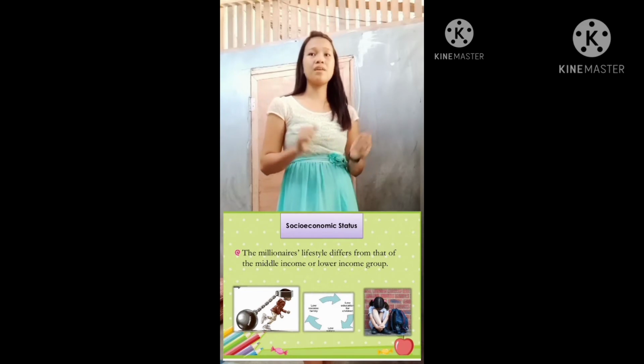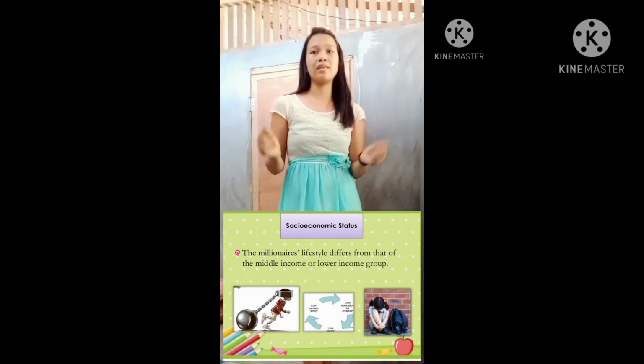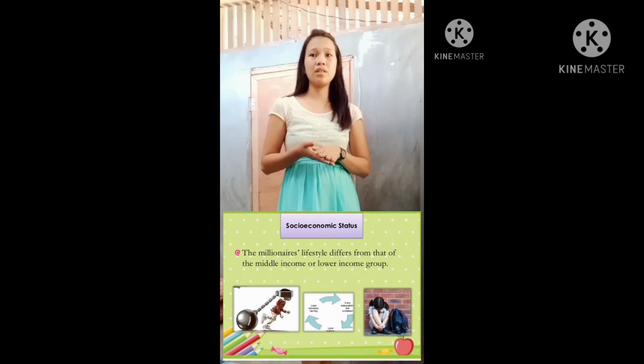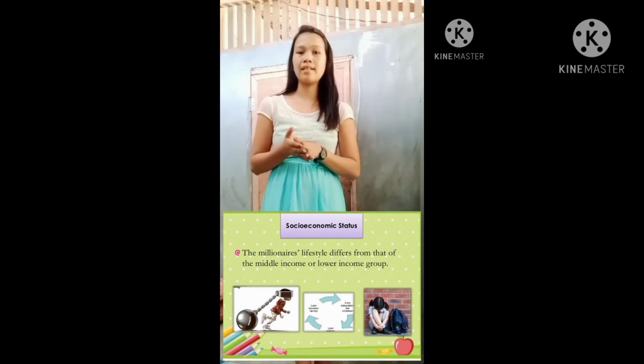Socioeconomic status is the measure of the influence that the social environment has on individuals, families, communities, and schools. In many ways, socioeconomic status is related to the concept of social class.